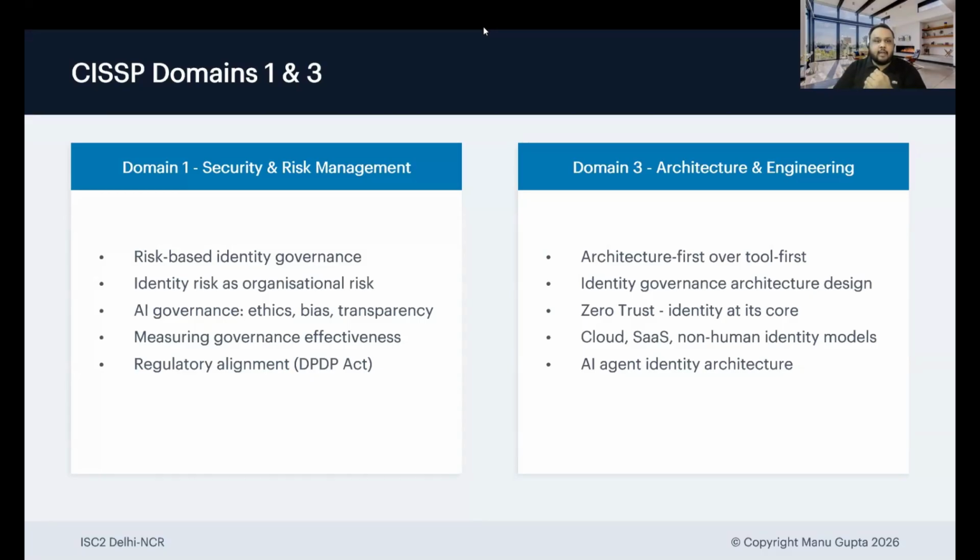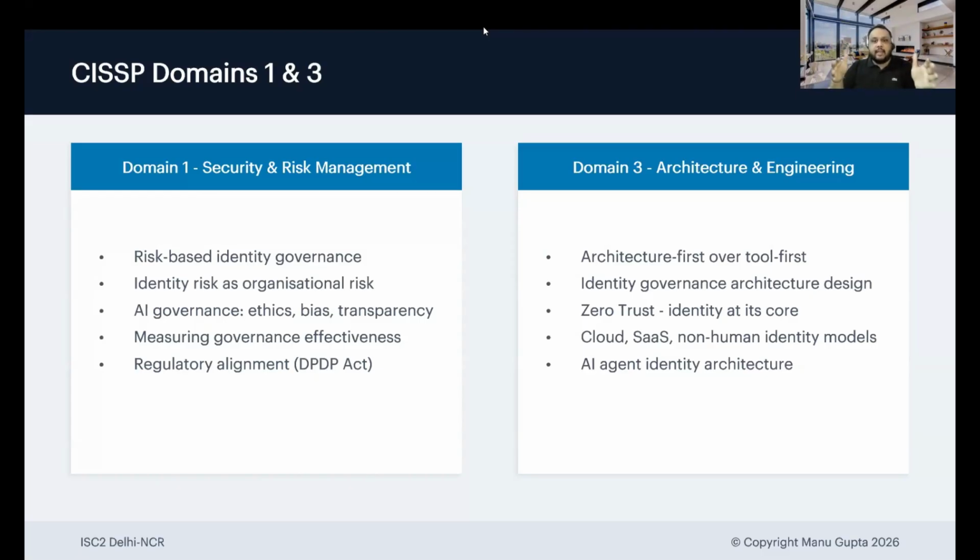Then we have our domain three, which is security architecture and engineering. The shift from a tool-first mindset to an architecture-plus-process mindset, or that architectural plus process first thinking, is our domain three.